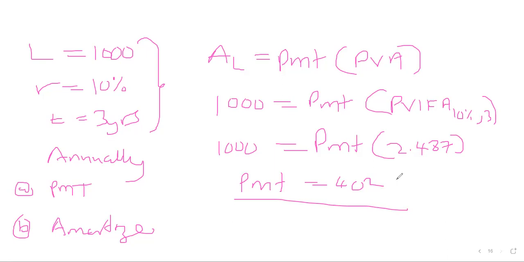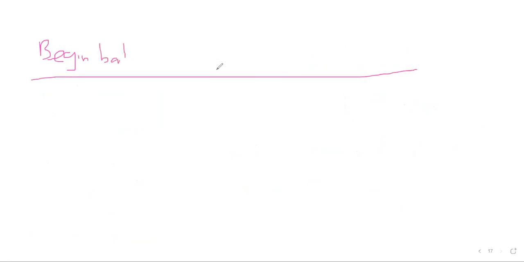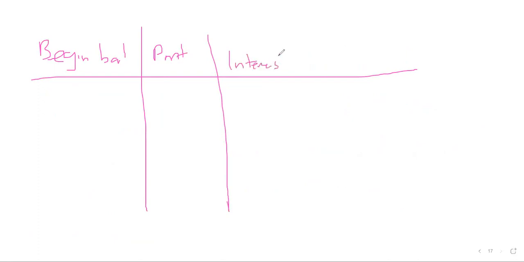So now we go to the amortization schedule. How does the amortization schedule look like? We want to set up a plan. So I'm going to give you a very basic way of doing it. Number one, we'll start with the beginning balance. Then number two, the periodic payment. Number three, interest. Number four, the repayment.